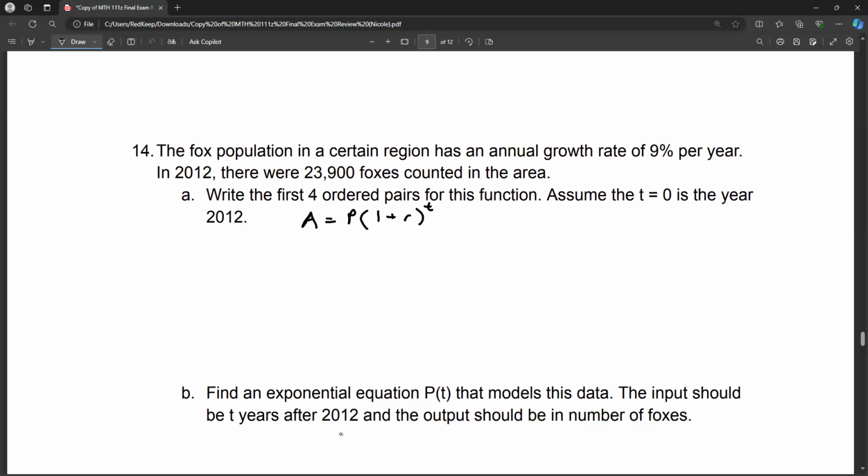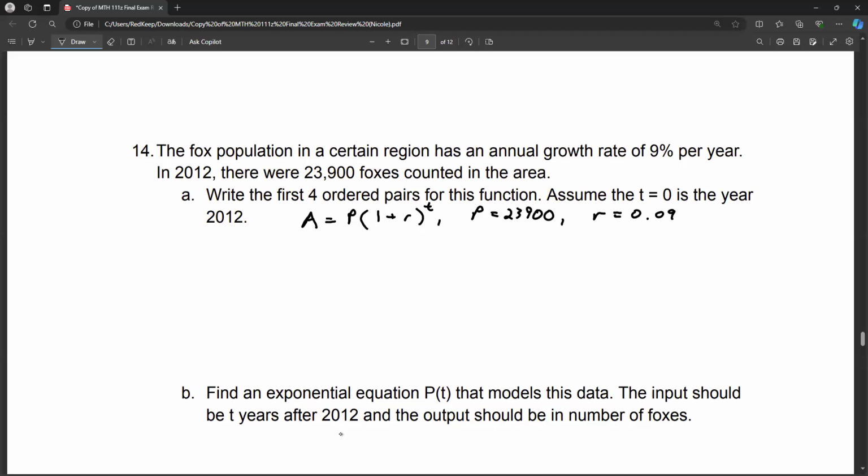Obviously my principal value or my starting value is equal to 23,900 foxes. My rate, they give it to me in a percent, so I can divide by 100 to find that this is 0.09 as my R value. I've already worked a bit further on this, and we'll see that it will come in handy in part B.